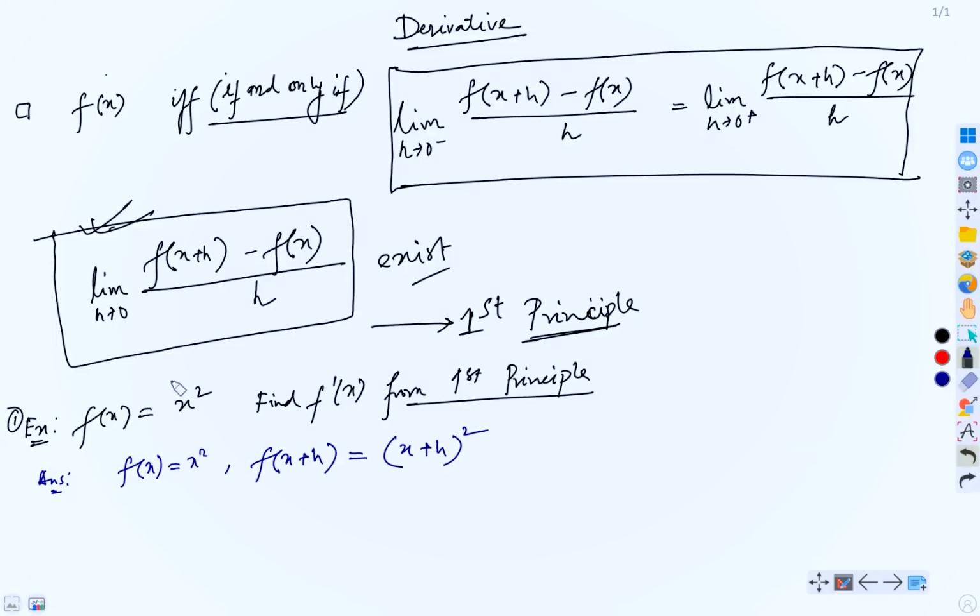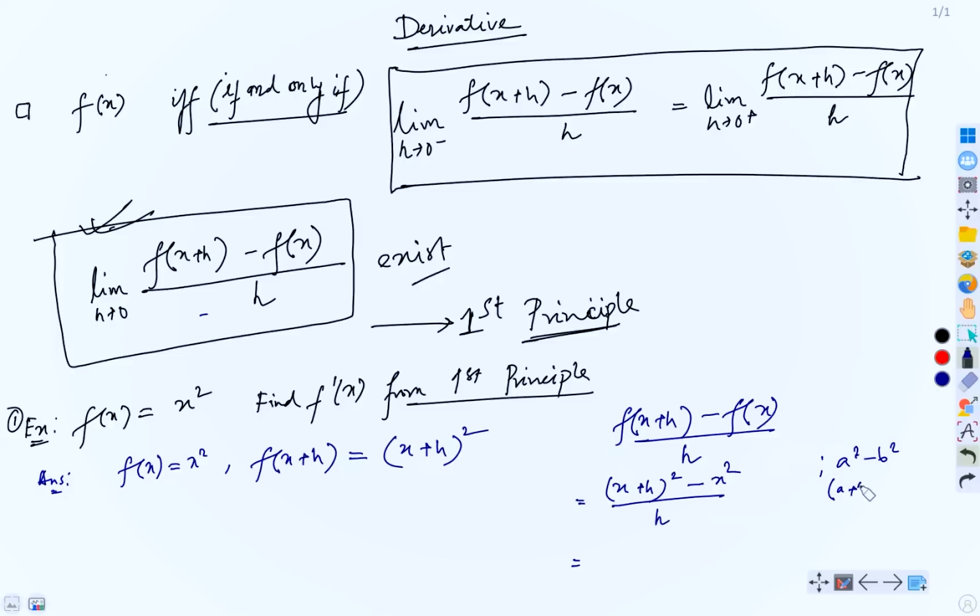Now let's evaluate the ratio first: (f(x+h) minus f(x)) upon h. This is ((x+h) squared minus x squared) by h, yes? Now we know this formula, right? This is the formula of a squared minus b squared. What is the formula for this one? It is (a plus b)(a minus b), yes?